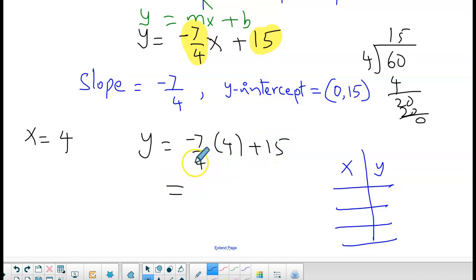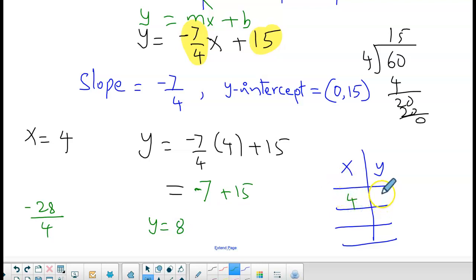The 4 and 4 I can cancel, or some students do it like this: negative 7 times 4 is 28, and 28 divided by 4 gives 7 with a negative sign, plus 15. So 15 minus 7 is 8. y is equal to 8. For x is equal to 4, the value of y is equal to 8.